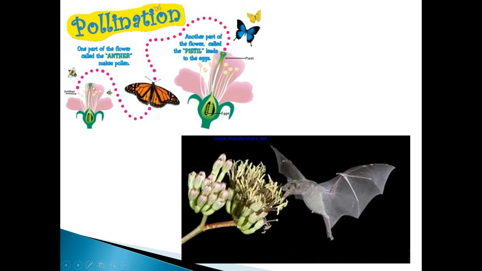So that is how plants breed, they multiply. Okay, that is called pollination. So plants depend on insects and animals and even human beings for their expansion. Now here is an example of a bat in the process of pollination.